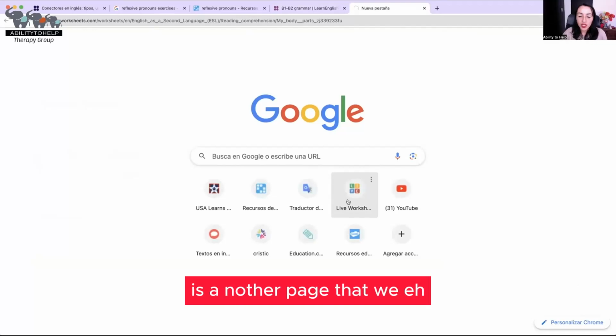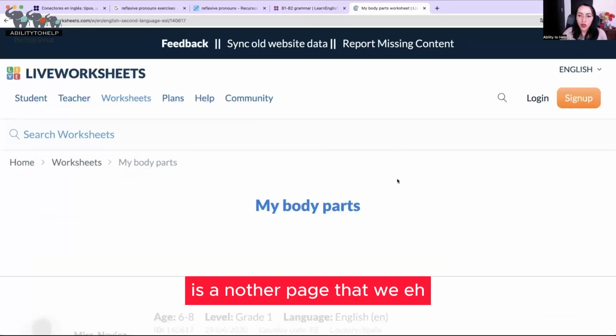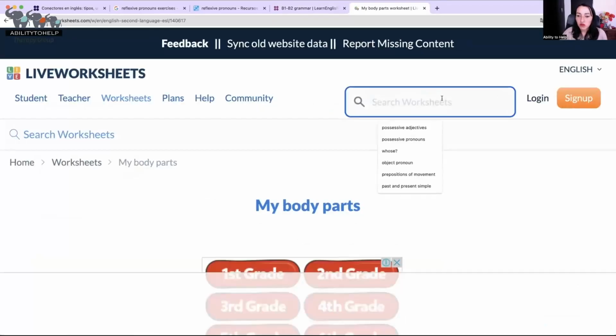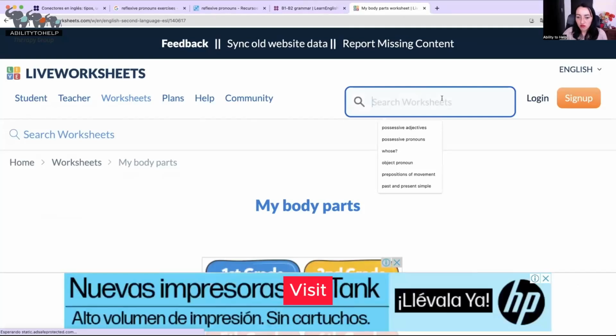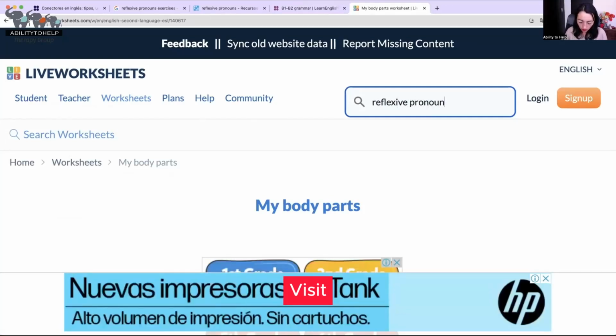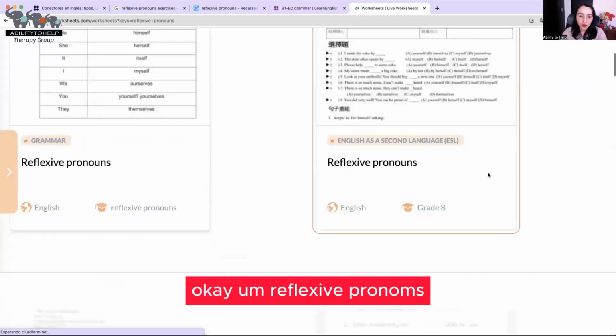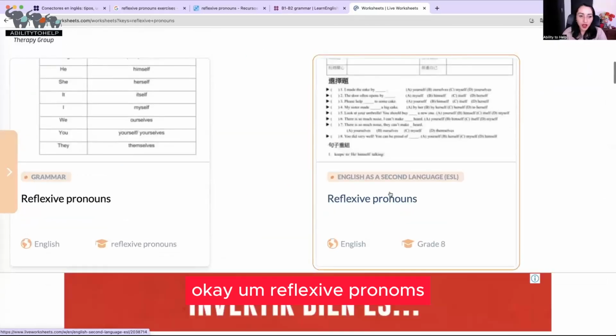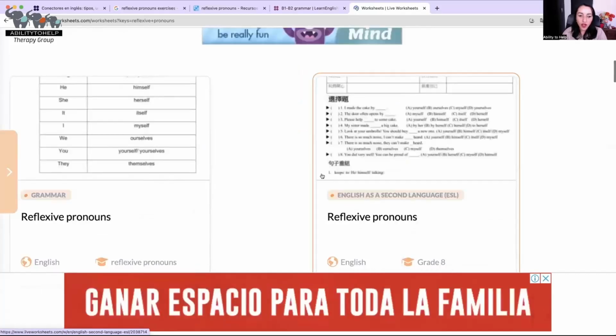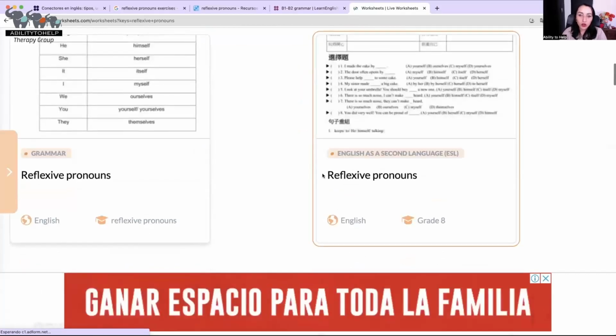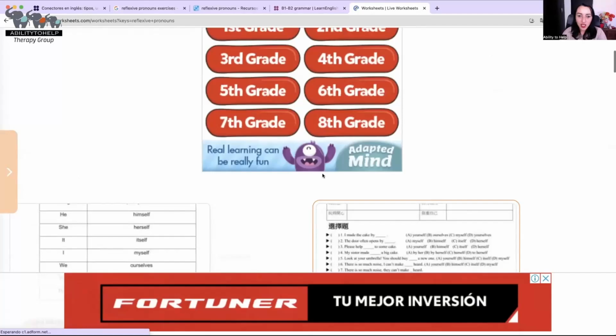Live worksheet is another page that we visit. So right here, reflexive pronouns. Reflexive pronouns. So let's see. You have a material you could read.